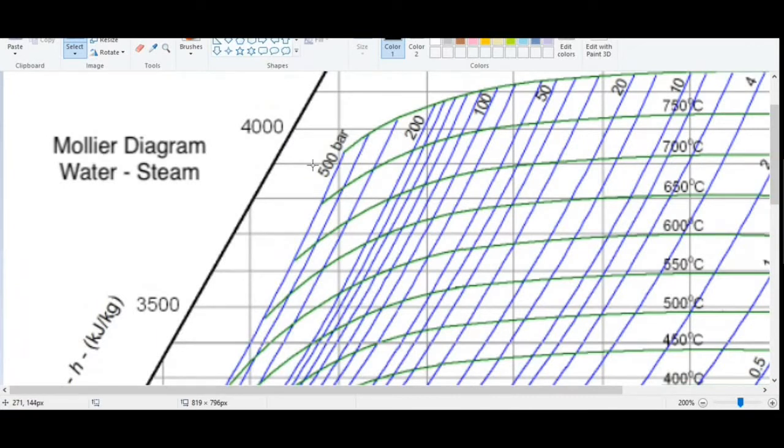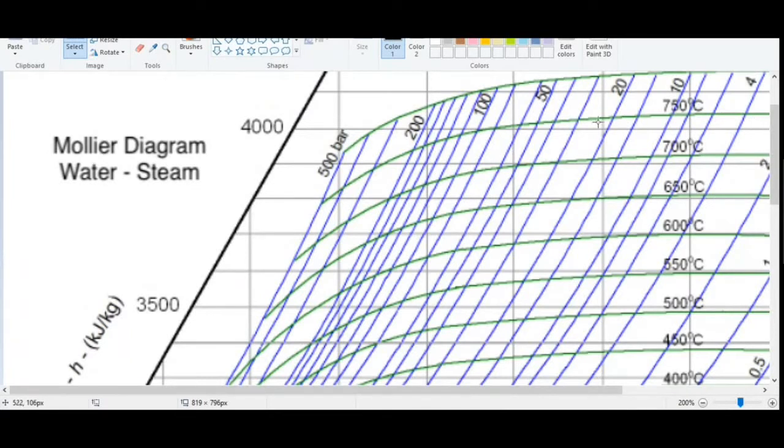Now if we observe, here the pressure in bar is given. So here is the 100 bar and here is 200 bar. In between this, we have to select one point, that is the point will be at the middle line, and that will be equal to 150 bar, and the temperature is given, that is 600 degrees Celsius.